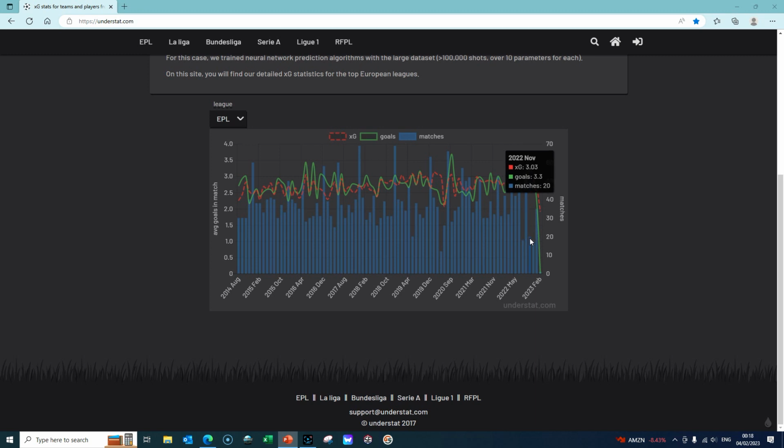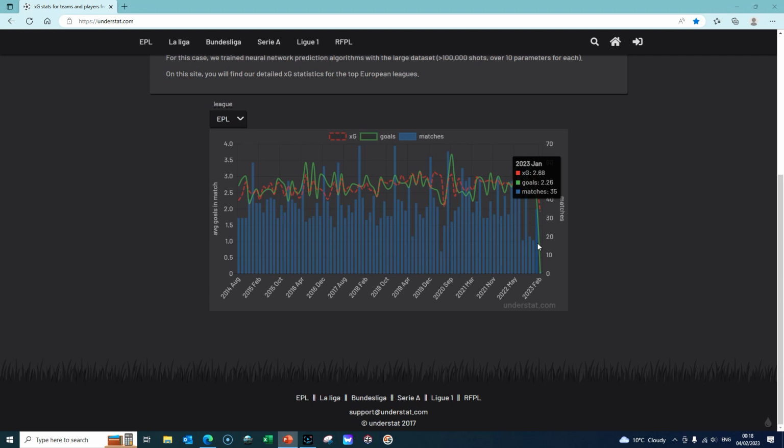Then it comes November, there was only 20 matches played, an average 3.3 goals a game. And in December, only 18 matches played, again 2.94 goals a game. In January, 35 matches played, so the league was back up and running, and they hit 2.26 goals a game.